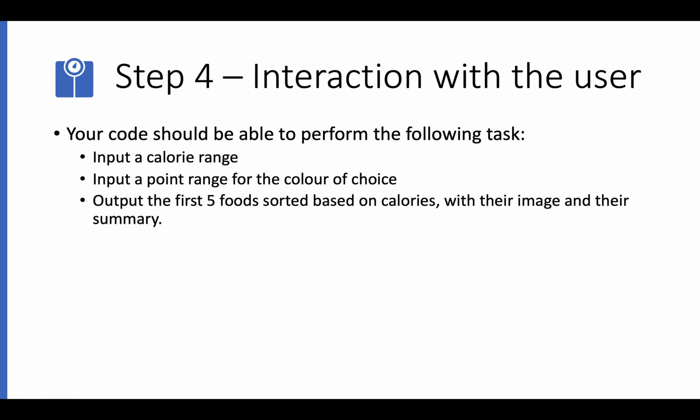For example, I want to see the top 5 list of foods sorted based on their calories, that are within the calorie range of 300 to 800, and in the purple dietary plan they are less than 6 points. So calorie range is clear, point range is clear. Give me the top 5 foods with the lowest calories and their images and their summaries.